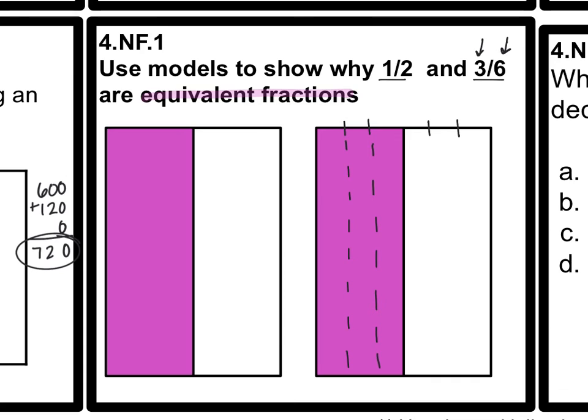So now I have 1, 2, 3 pieces shaded, and if I do the same thing on this side, I have it out of a total of 1, 2, 3, 4, 5, 6 pieces total. So that's how I'm showing that 1/2 is equivalent to 3/6. So these are the same thing. All I've done is draw in some lines to show you that if you ask for 1/2 of a pizza or 3/6 of a pizza, you're inevitably asking for the same thing.